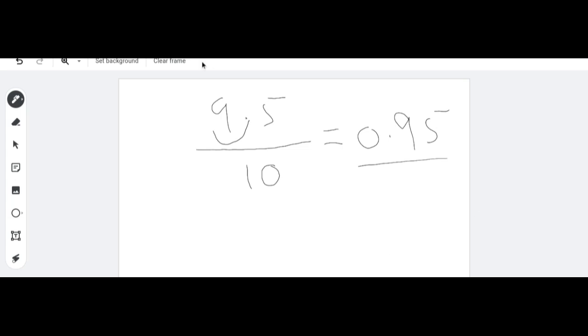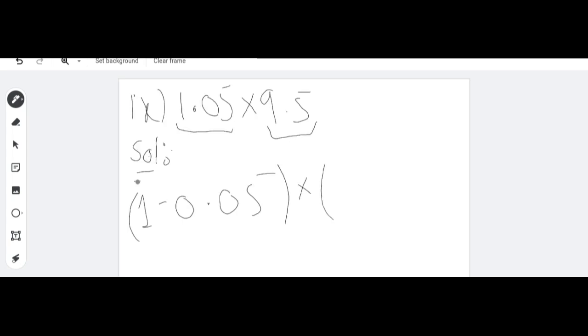It's gonna come like 50, right? Because after solving 9.5 with the 1, I didn't get the same answer just like before. So I have to make 9.5 the number that will give me the same answer like this.